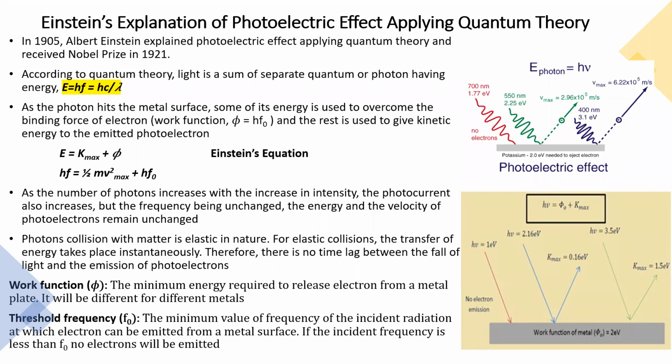So Einstein's explanation of the photoelectric effect, applying quantum theory, also accounts for the relation between intensity of light and photocurrent, and why by increasing the intensity of light, the kinetic energy of the electrons is not increased. Is that clear to you?